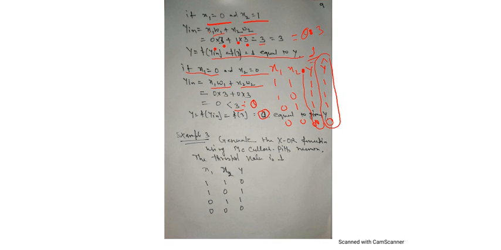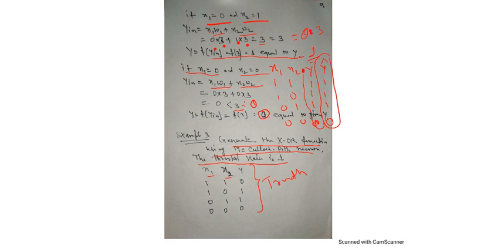And you have understood the algorithm also. Now take the third example: generate the XOR function using McCulloch-Pitts neuron. The threshold value is 1. And this question you have to solve by yourself. Now x1, x2, this is the truth table given.